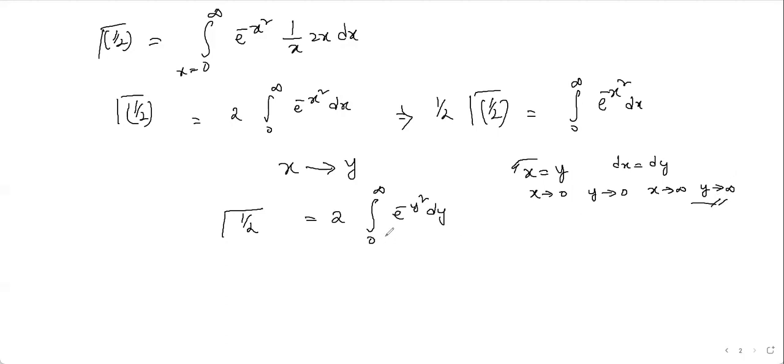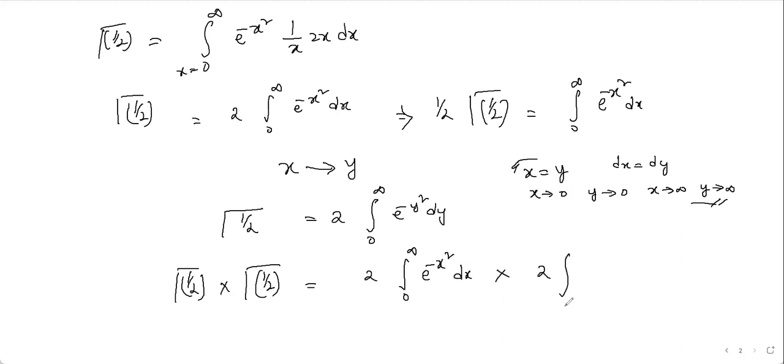Now let us take both the results. So gamma half multiplied by gamma half is equal to 2 times the integral from 0 to infinity of e to the power of minus x square dx, multiplied by 2 times the integral from 0 to infinity of e to the power of minus y square dy.